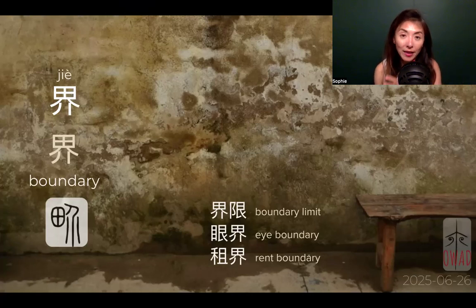So the solution back then was to rent places within China, where whichever country occupied or rented the place to do business, to do international trade back then, would follow their own governing rules. So it's almost like a tiny country within a country, except that this is not permanent. It's a rental setup. So we call that 租界.